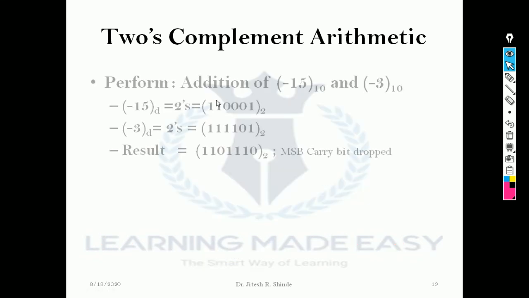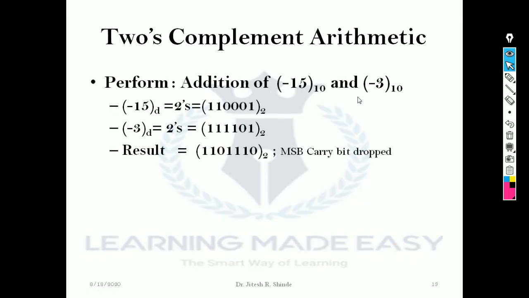Now perform the addition of minus 15 and minus 3. Minus 15 plus minus 3, we know that the result is minus 18. Minus 15 in 2's complement format I had written as 110001, and minus 3 I had written as four 1's followed by 01.